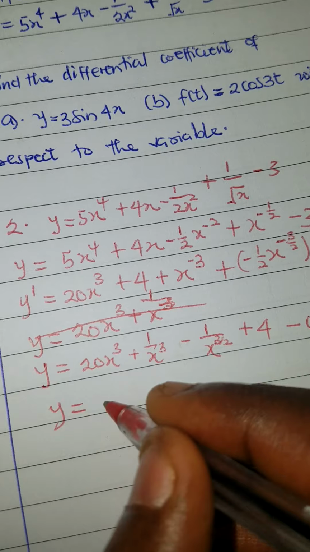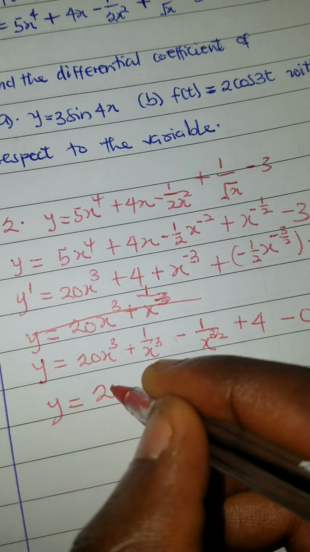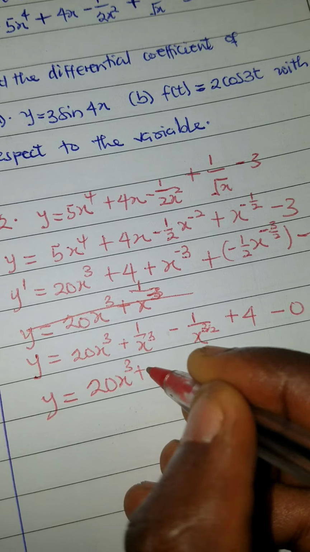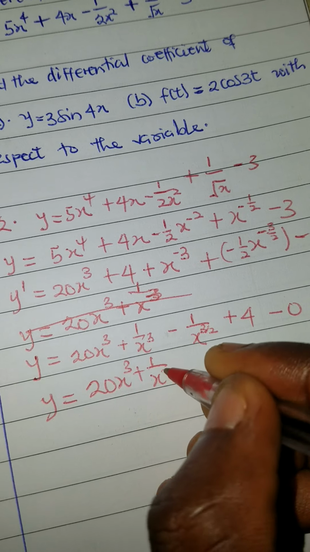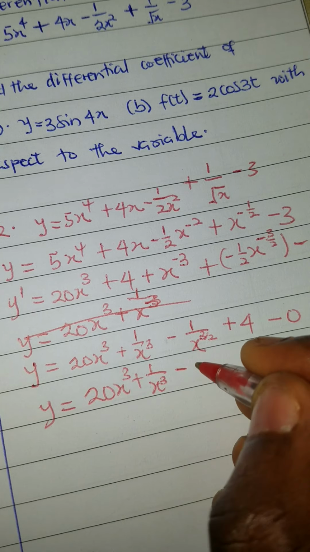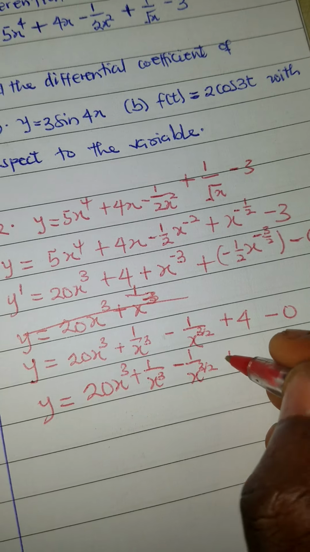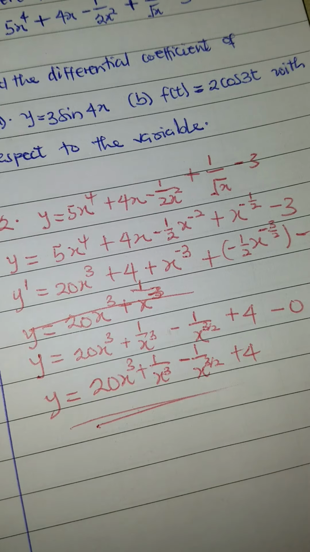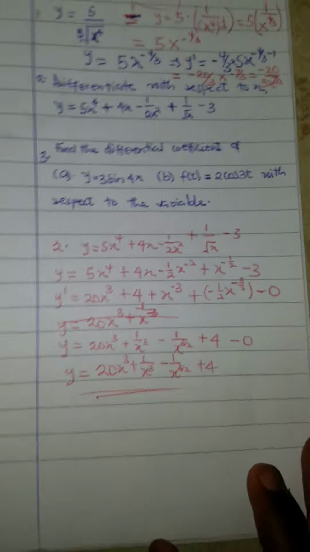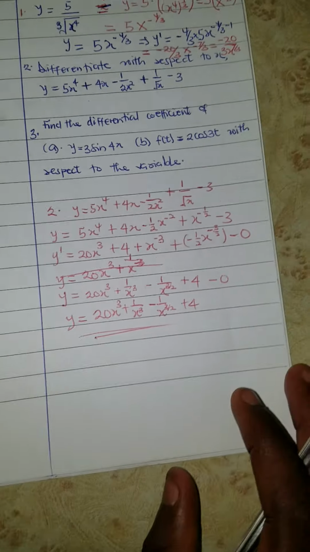And our answer is equal to 20x cubed plus 1 over x cubed minus 1 over x to the power 3 over 2 plus 4. That is our answer for that question.